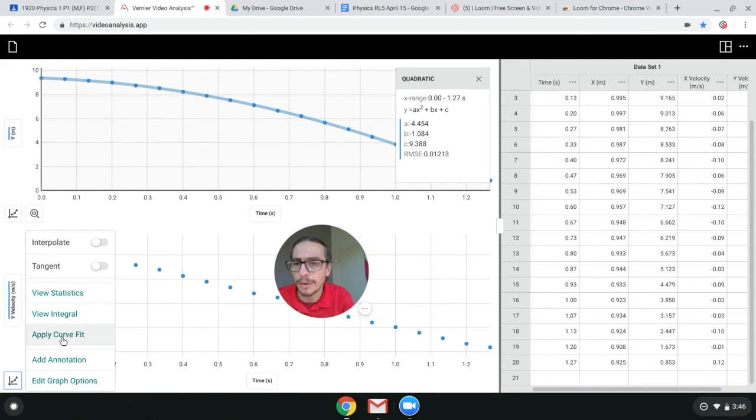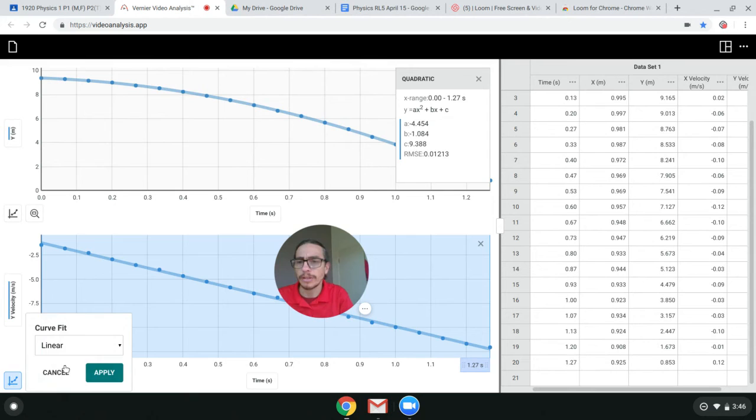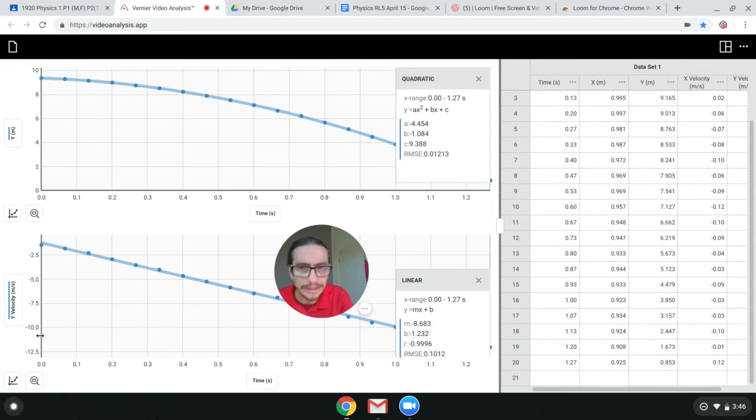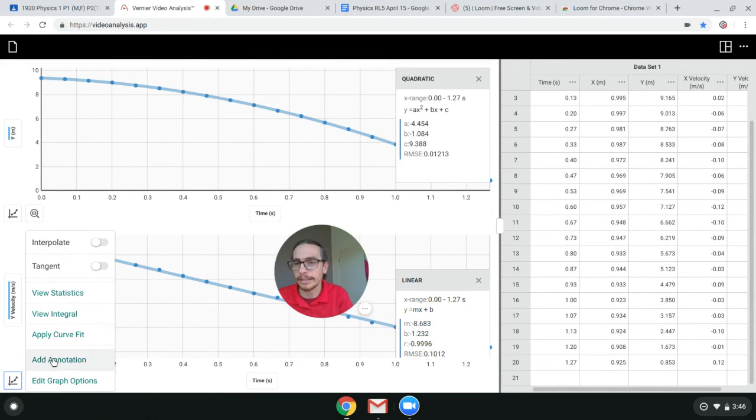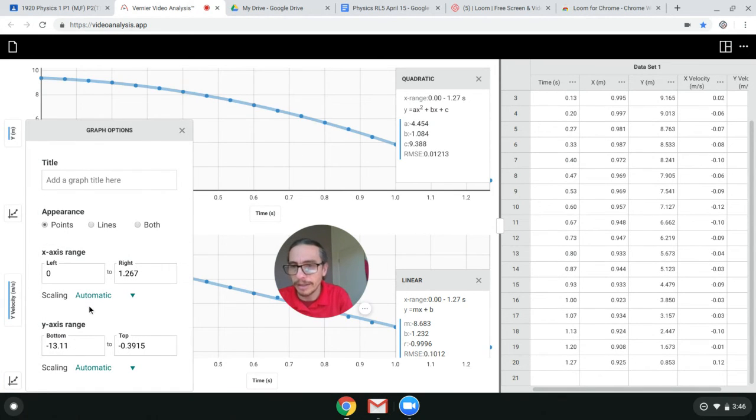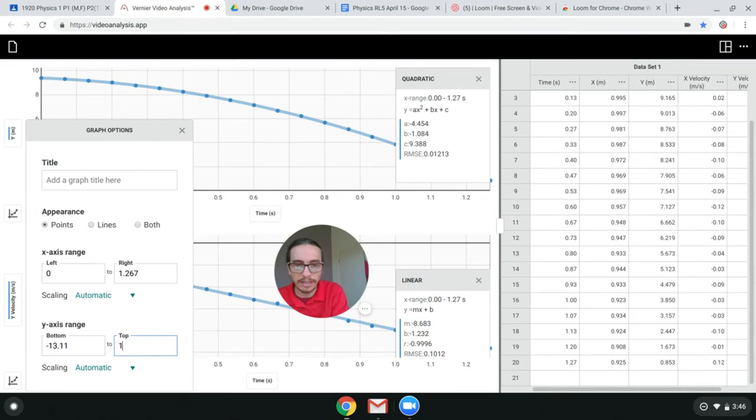So whoop-de-doo. I'm going to apply that curve fit, do my linear. I don't see my zero axis, so I'm going to go in here and just make sure it happens. I'm also noticing all my numbers are negative, so my zero axis should be above me here. Okay. If I look at my graph options, oh yeah, look at that. The bottom is negative 13. What if I made the top, I don't know, 10?